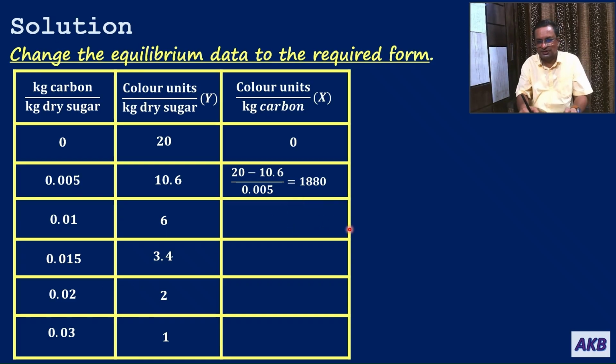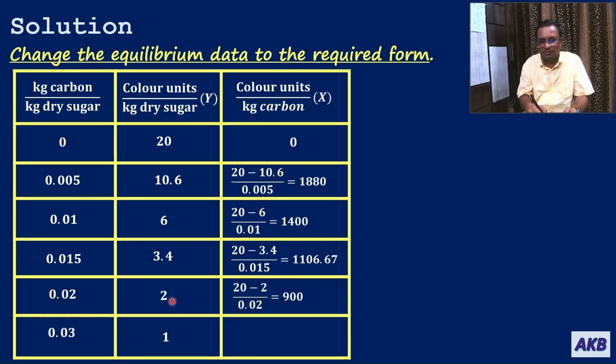We have understood this just now. And in the same way, we can get the other values of X. So this is 20 minus 6 divided by 0.01, 1400. Then 20 minus 3.4 divided by 0.015, that is 1106.67. Then 20 minus 2 upon 0.02, it is 900.